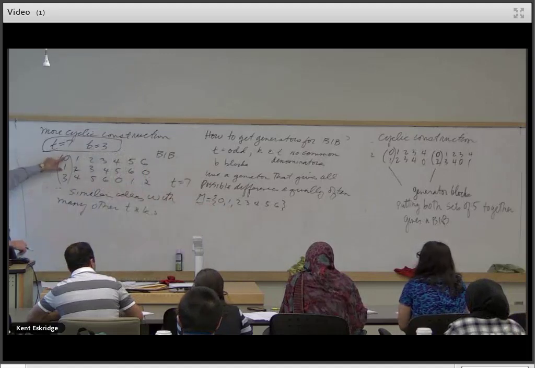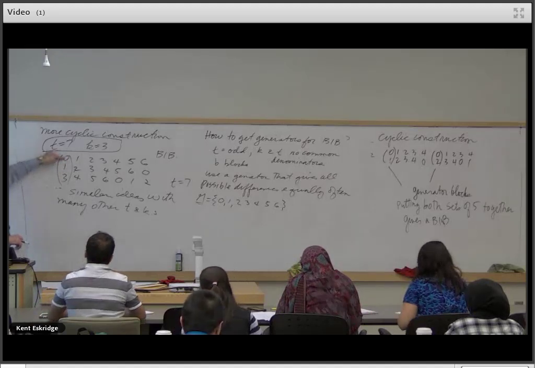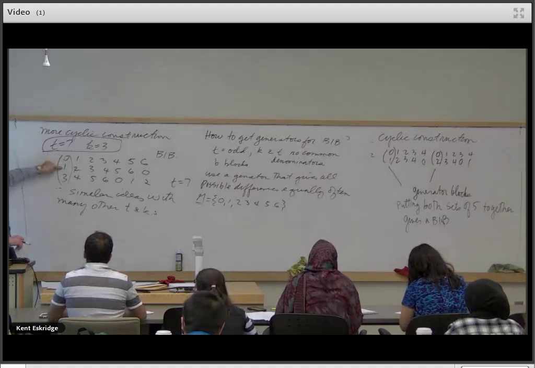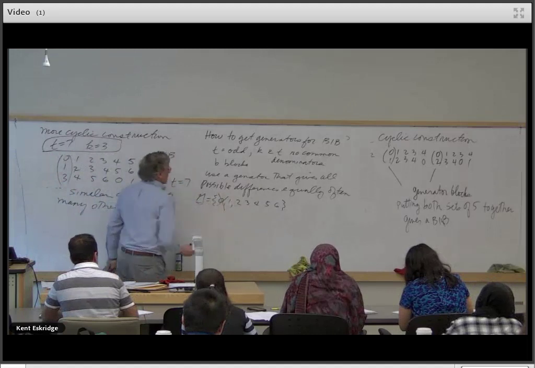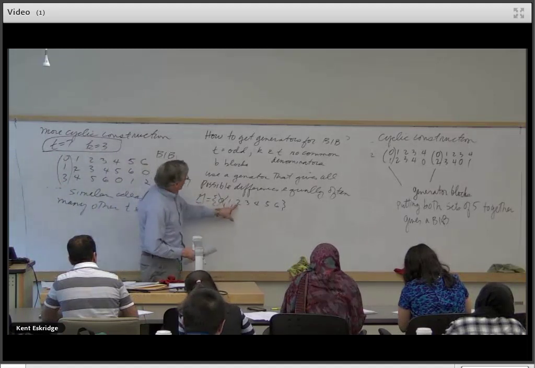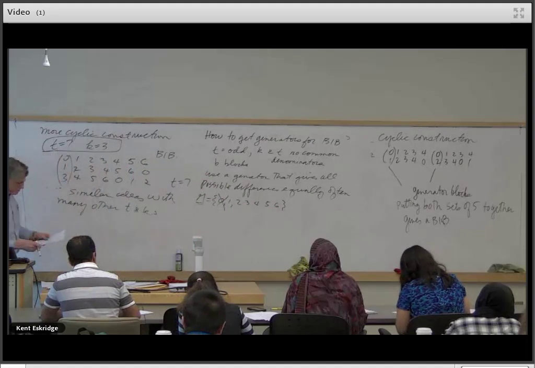If I have a difference of 0, what does that mean? That means both treatments are in the same block. Okay? So if I take 0 minus 1, that's minus 1. But what is 0 minus 0 or 1 minus 1? That means the same treatment in the same block. So I don't want this. I just want to make sure that the differences from the generator block show up equally often.